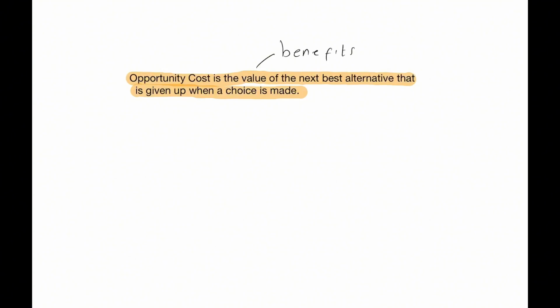So let's look at an example. Let's imagine that you have £10 and you've been asked what you would like to do with that £10, and you've come up with two things that you would most like to do.